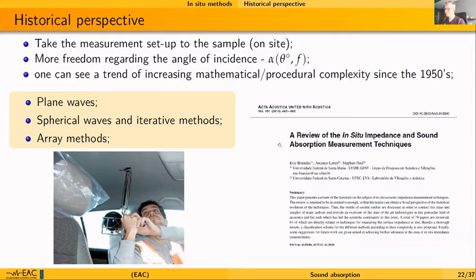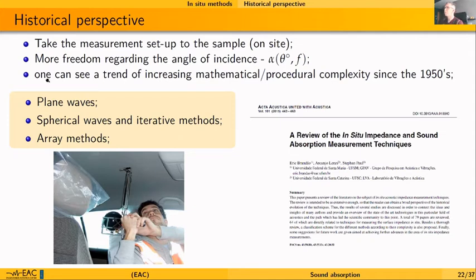The only field that has evolved quite a lot in recent years is using arrays of microphones to measure. So this review doesn't cover that, but it covers many methods available until 2015. Some of those methods give us freedom regarding the angle of incidence, so you can measure the absorption as a function of the angle of incidence and frequency.